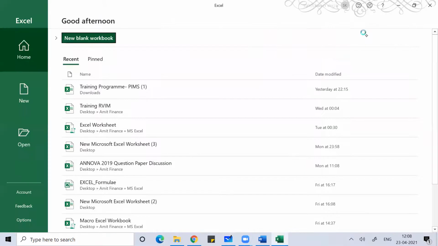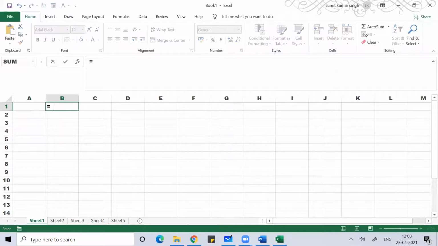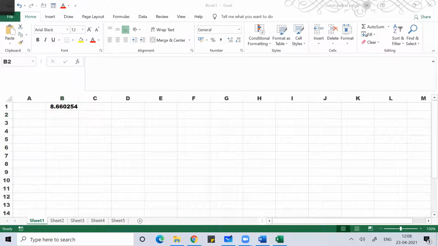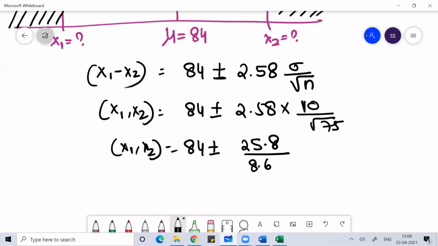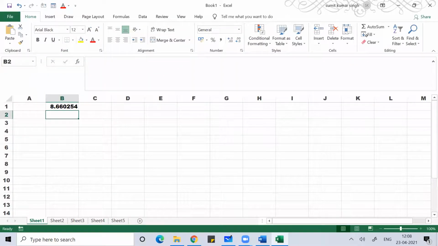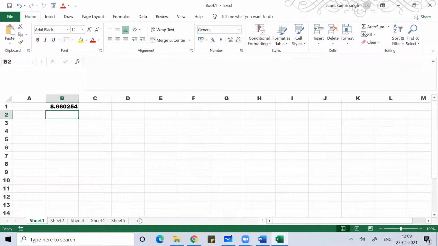Root 75 will be 8 point something: 8.660254. So you can divide 25.8 by this value.